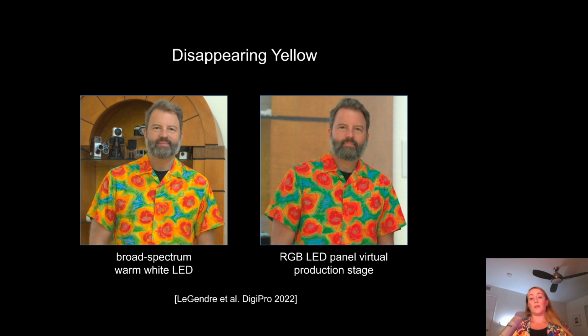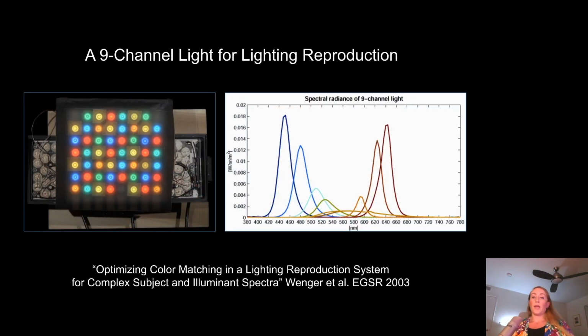Now, fortunately, other LEDs besides RGB are available. And Wenger et al. built a 9-channel light source out of Color Kinetics lights in order to compare with RGB LED lighting when used for lighting reproduction. Now, notably, in order to achieve these kind of yellow colored sources that you can see in the image here, they had to place yellowish gel filters over white LEDs.